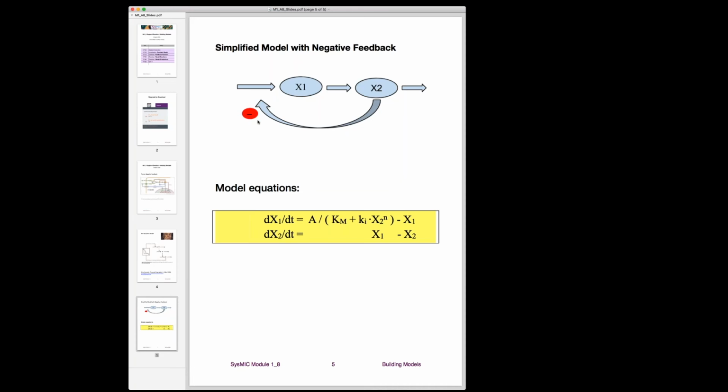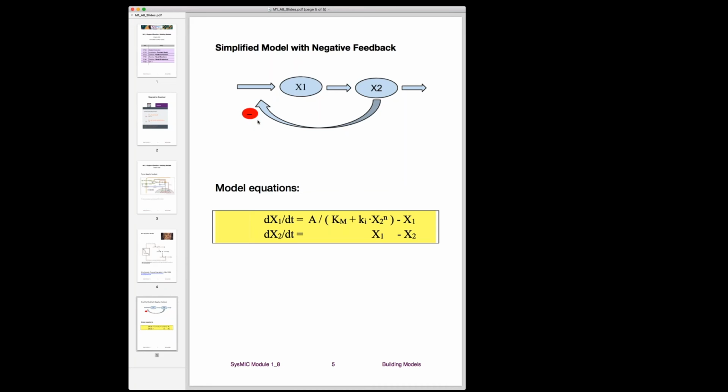And of course, the red negative sign indicating negative feedback. And this will then complete a network including feedback. So we actually have an interaction from node x1 to x2, but also an interaction from x2 back to x1. So there's a loop structure, and that's what makes network dynamics interesting.